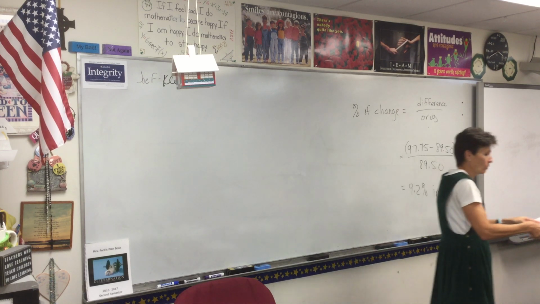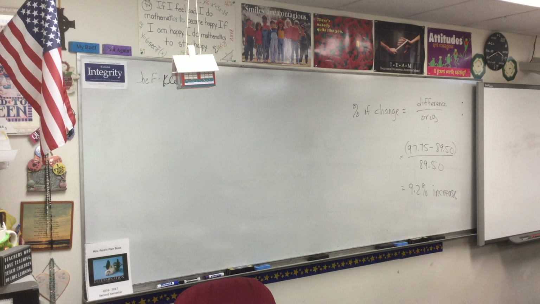And lo and behold, it will form a box, right? Okay. So when you get your box made, hold it right up and let's look at some of these boxes.